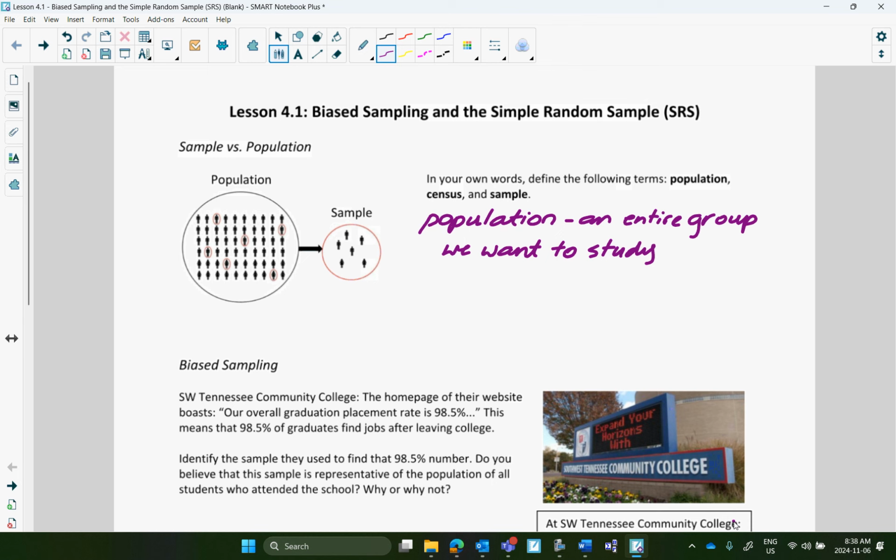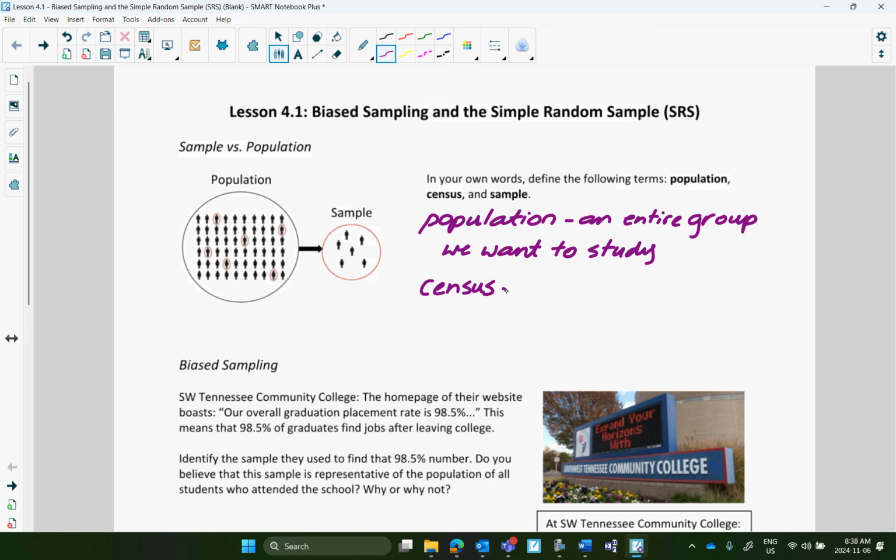So it could be fairly big or it could be really big. Like if you decide you want to know something about all the people in a country. So like in Canada, we're looking at almost 40 million people. Okay. If we want to find something about a population and we ask everybody in the population, that's called a census.